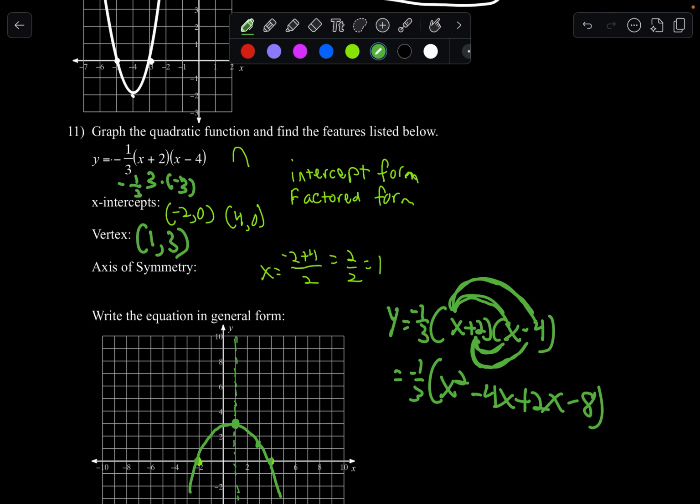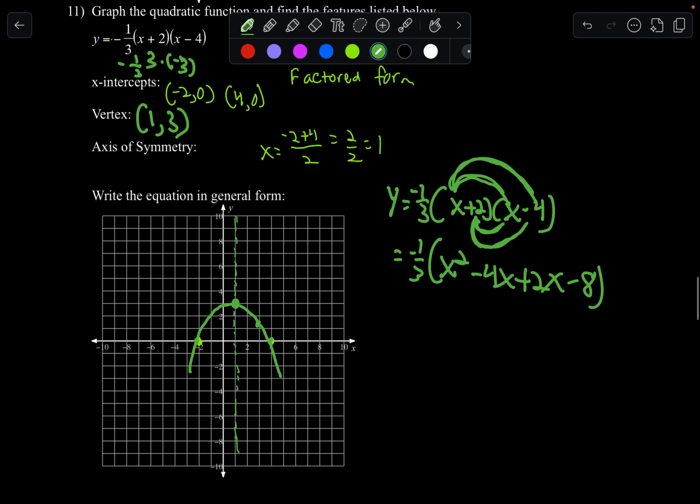All right, and then combining like terms, we have x squared, negative 4x plus 2x is negative 2x, and minus 8, all multiplied by the negative 1/3.